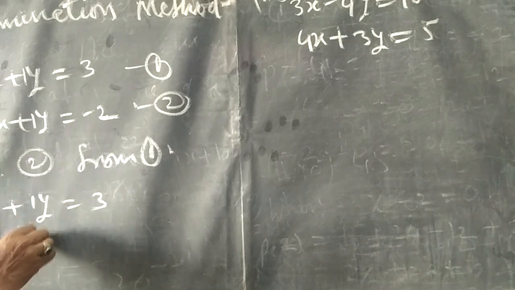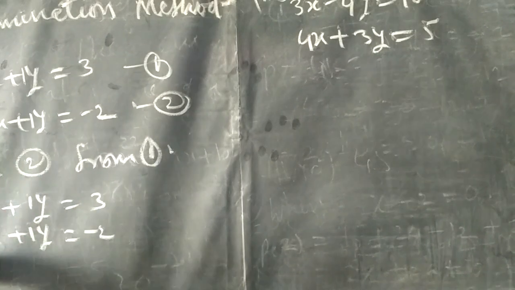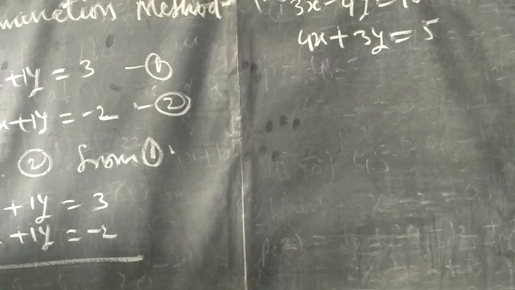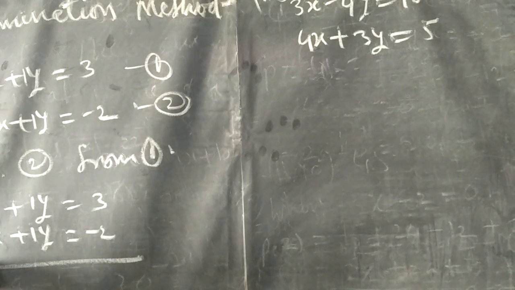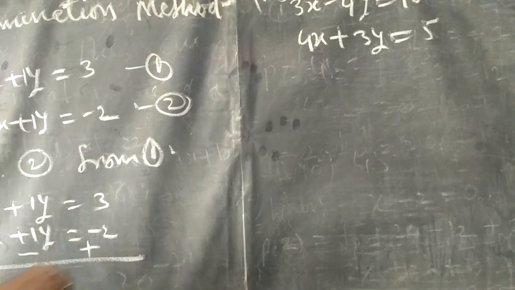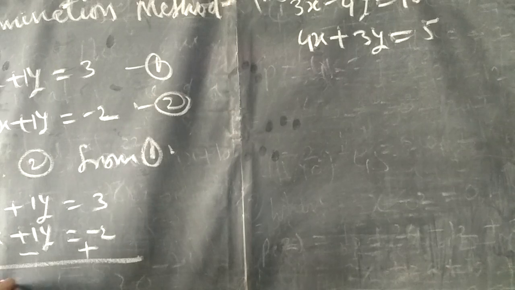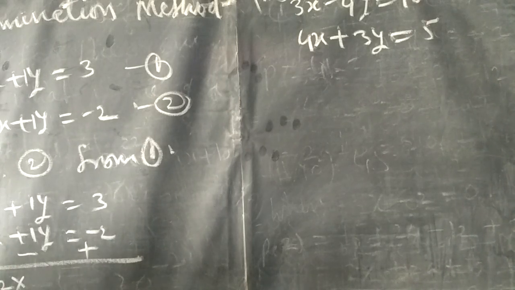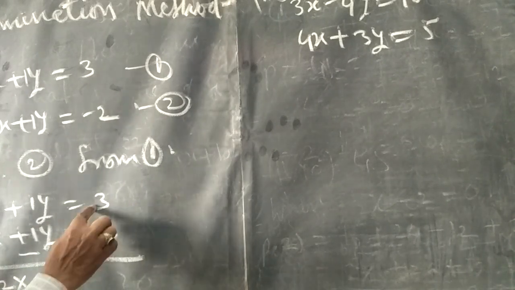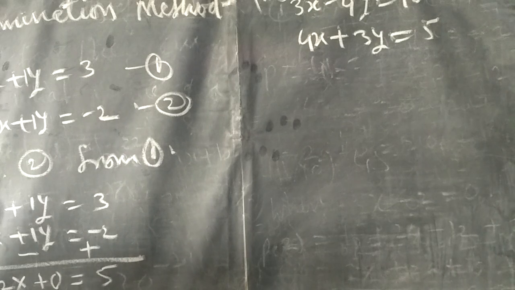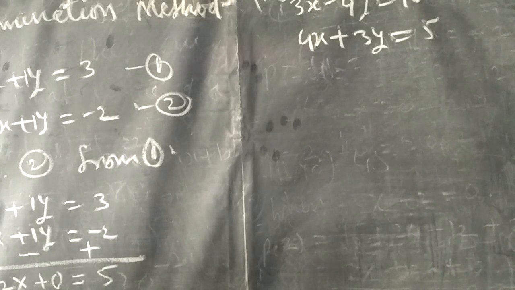Then 3x plus 1y equal to minus 2. I am told to subtract, so I am changing signs. Now x means 1 minus 3, minus 2x. y plus 1 minus 1, 0. Equal to 3 plus 2, 5. So we get x equal to minus 5 upon 2.